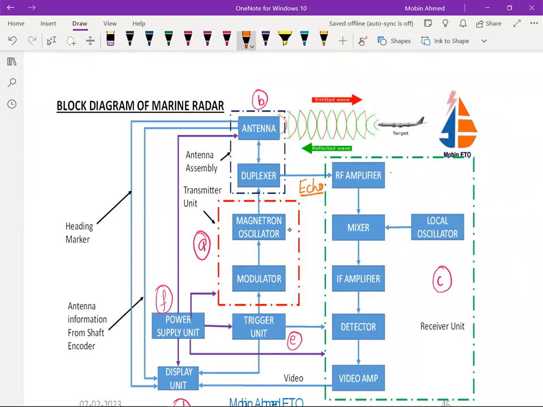So this echo comes to the RF amplifier, which will amplify its power.